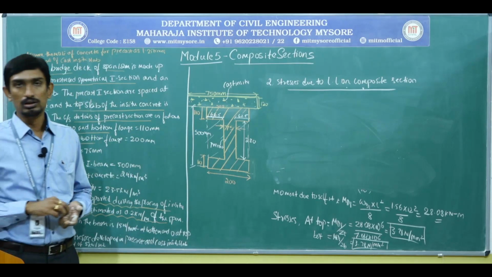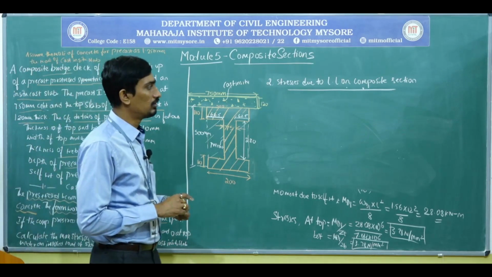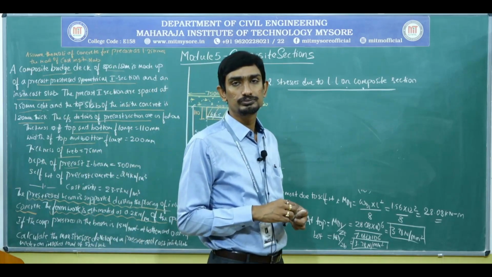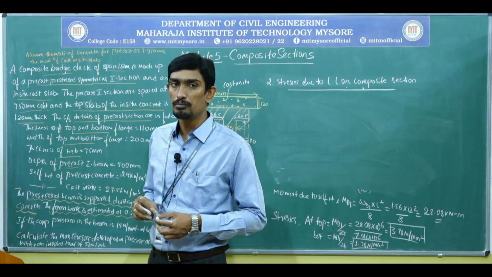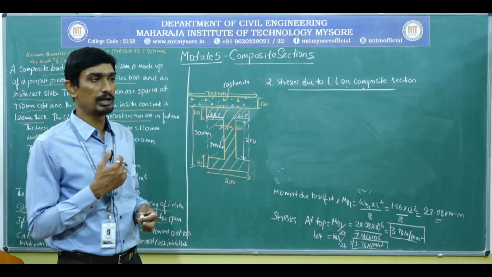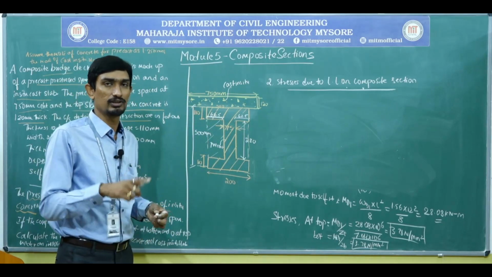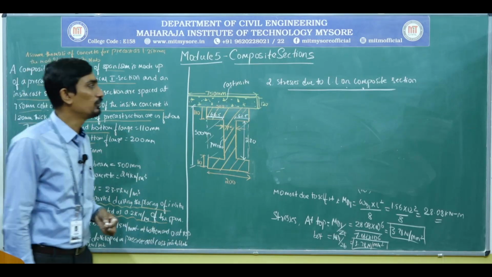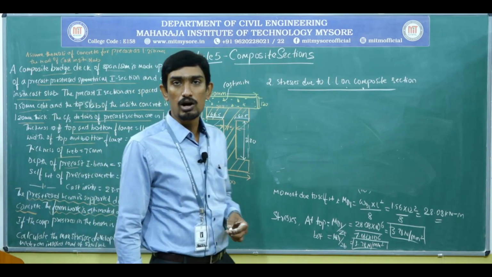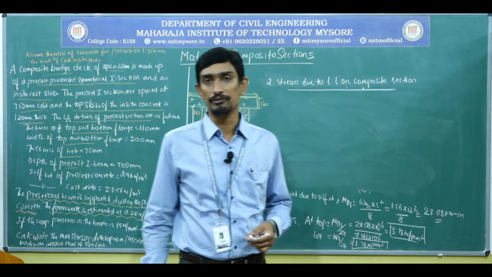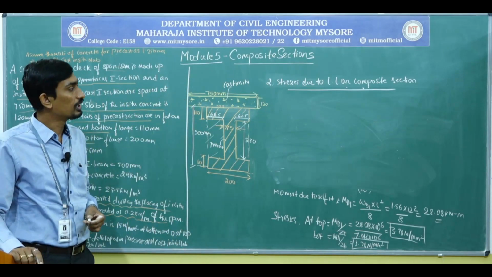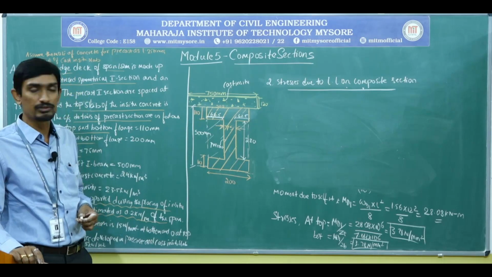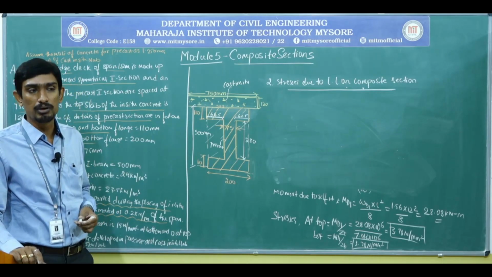Now, the very important thing, when I calculate the stresses due to the live load on composite section, the modular ratio is 1.25. So for this 1.25 case, how to go ahead with this problem?